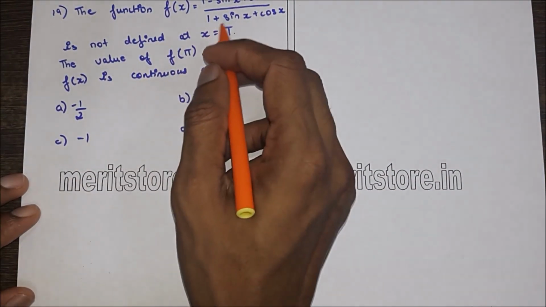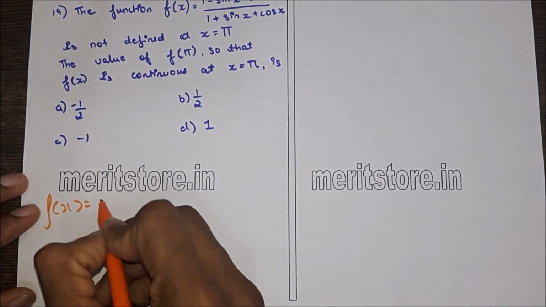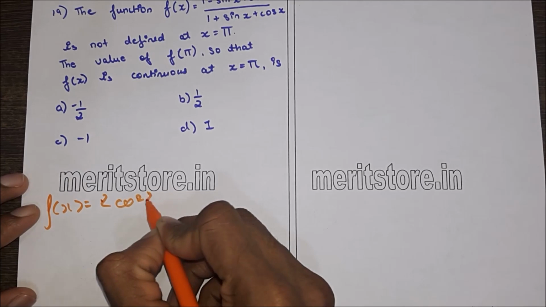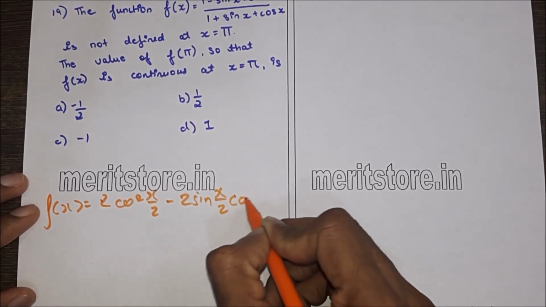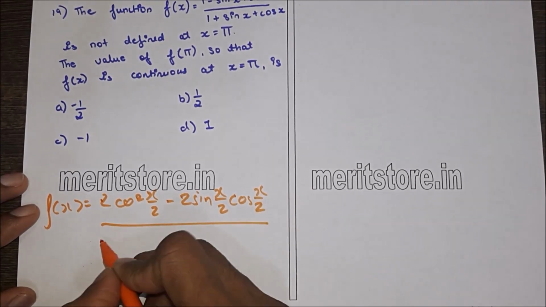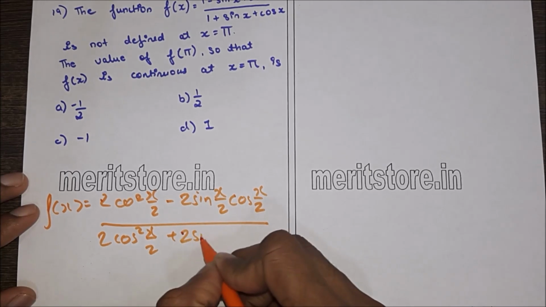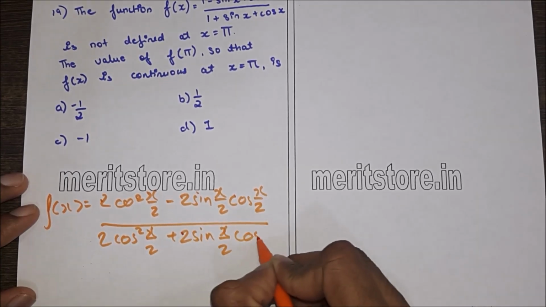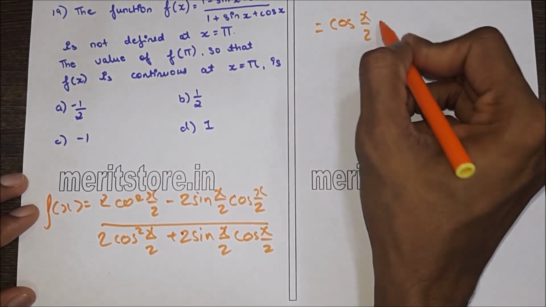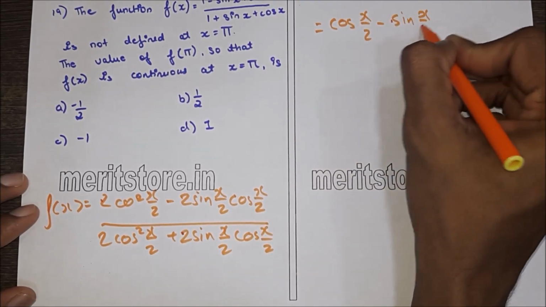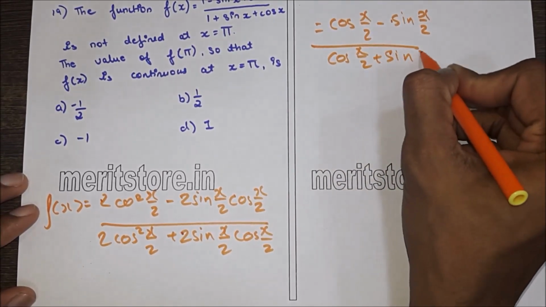We make a fine adjustment in the numerator and the denominator. We can write f of x equal to (2 cos squared x by 2 minus 2 sin x by 2 cos x by 2) upon (2 cos squared x by 2 plus 2 sin x by 2 cos x by 2), which can be written as (cos x by 2 minus sin x by 2) upon (cos x by 2 plus sin x by 2).